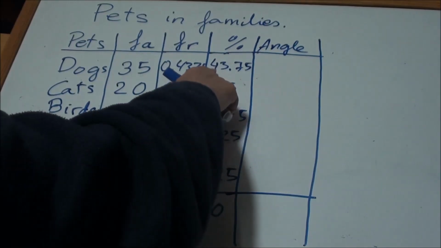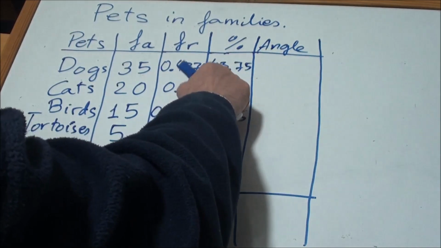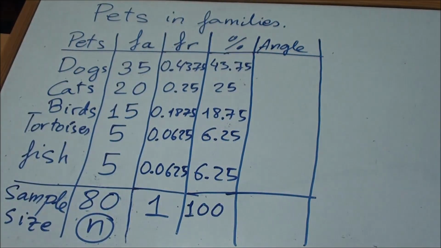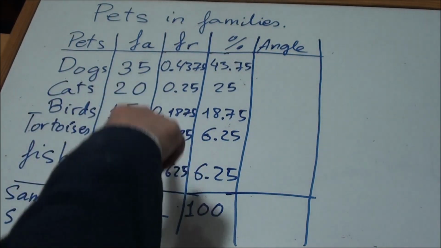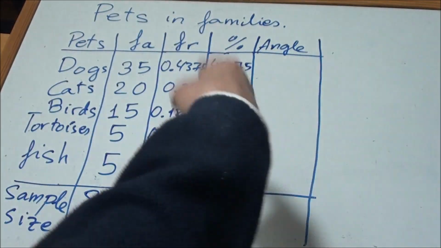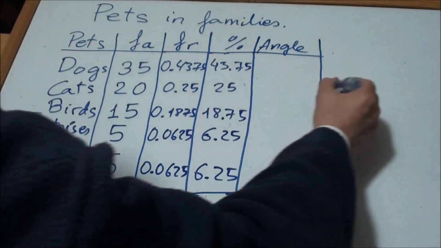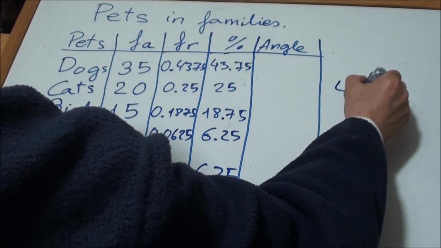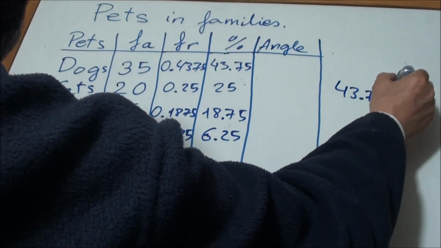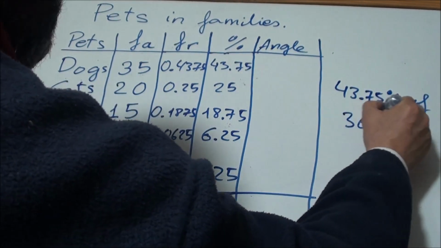We find 43.75% of 360, because 360 is the whole circle. Okay, so to find the angle, we find 43.75% of 360.